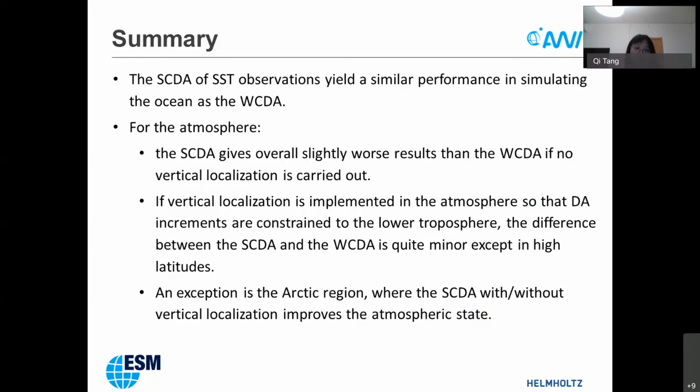And if we do vertical localization in the atmosphere, so the data assimilation increments can be constrained directly to the lower troposphere, the difference between the strongly coupled and the weakly coupled data assimilation is quite minor, except in the high latitude region, especially in the Arctic region.